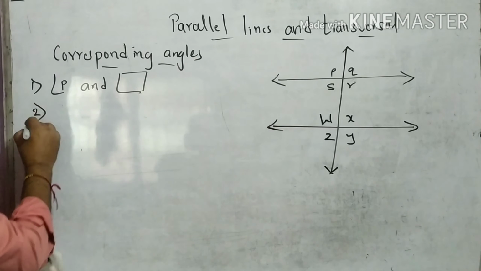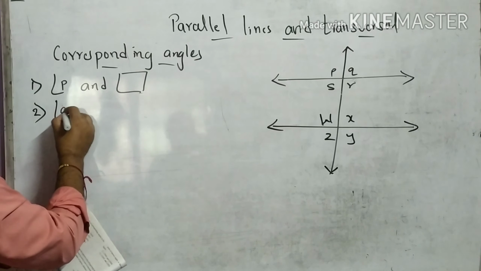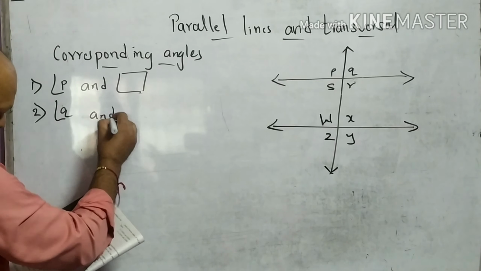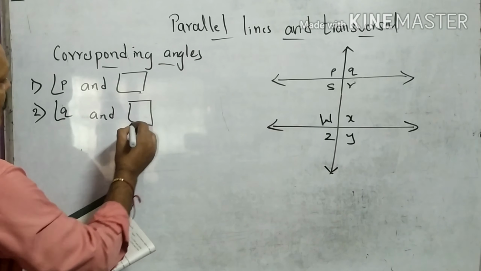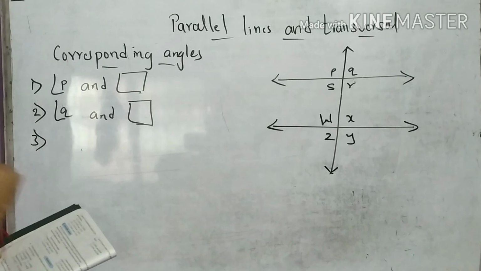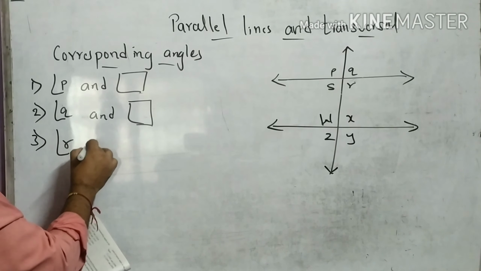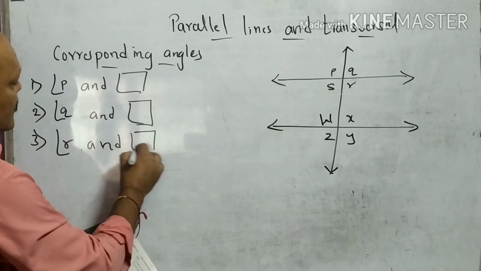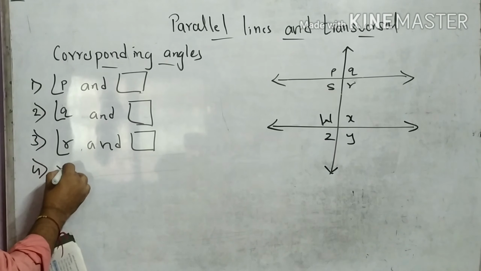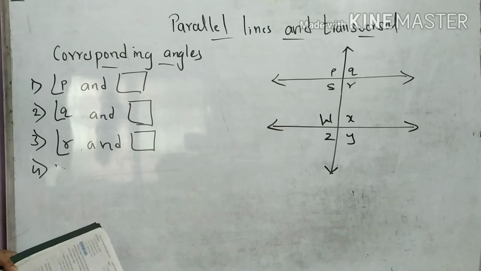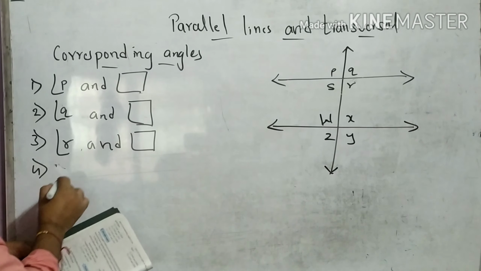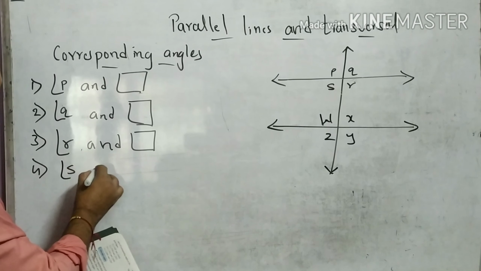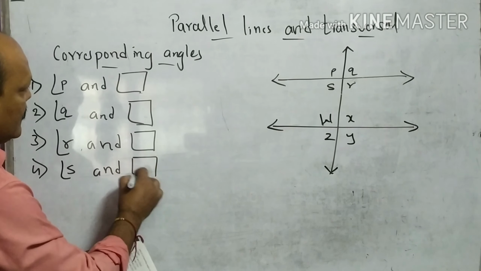The second, angle Q, and again a box is given to you. Third one, angle R. Fourth one, angle S, and again a box.